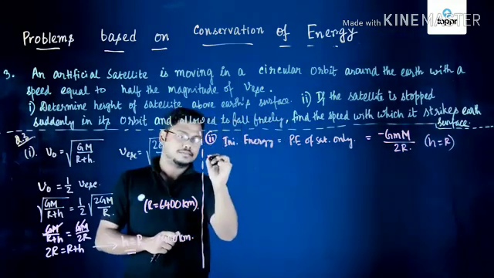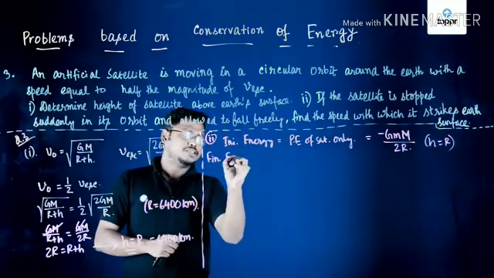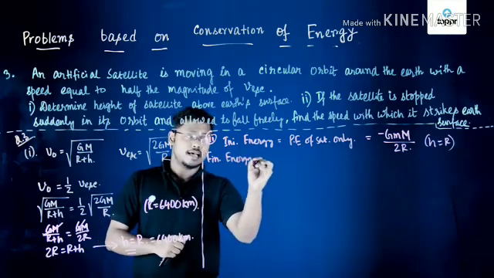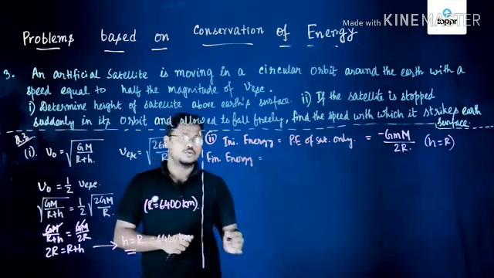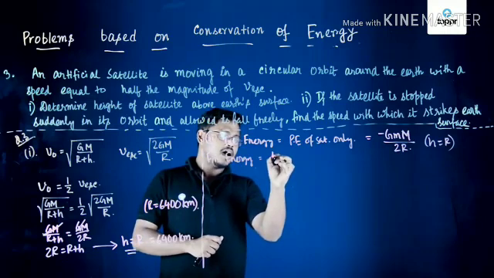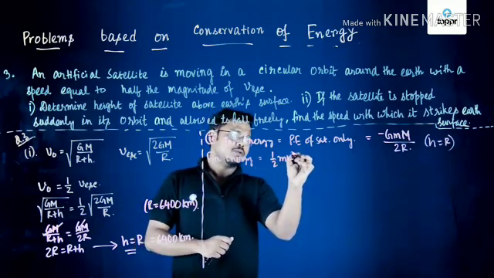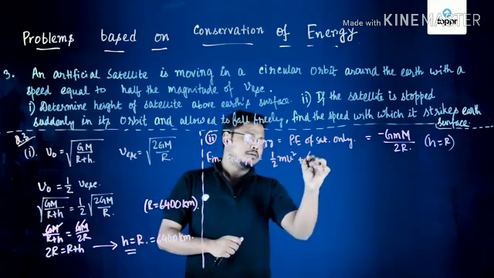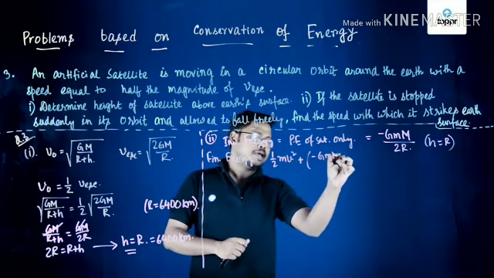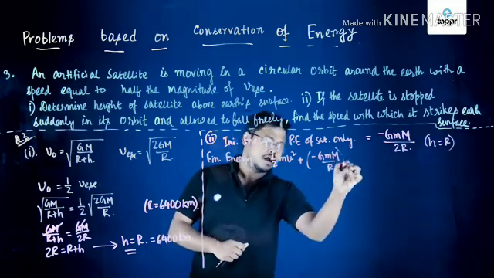Now the final energy will be the sum of kinetic as well as the potential energy. So the kinetic energy is half m v square plus minus GMm divided by R.